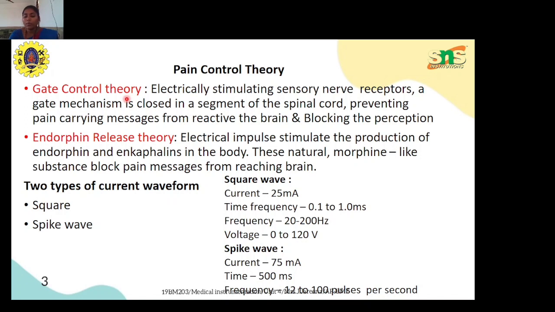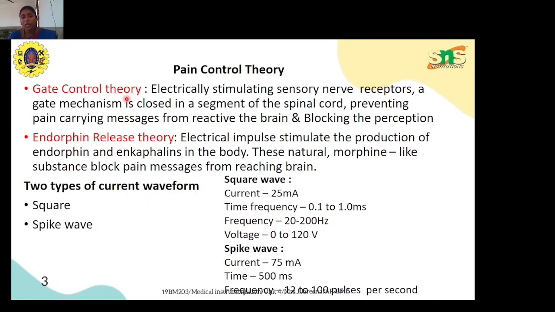This hormone will block the pain messages, the pain instructions, or whatever it is called. We will block this particular signal from reaching the brain. That is the main aim of the endorphin release theory.